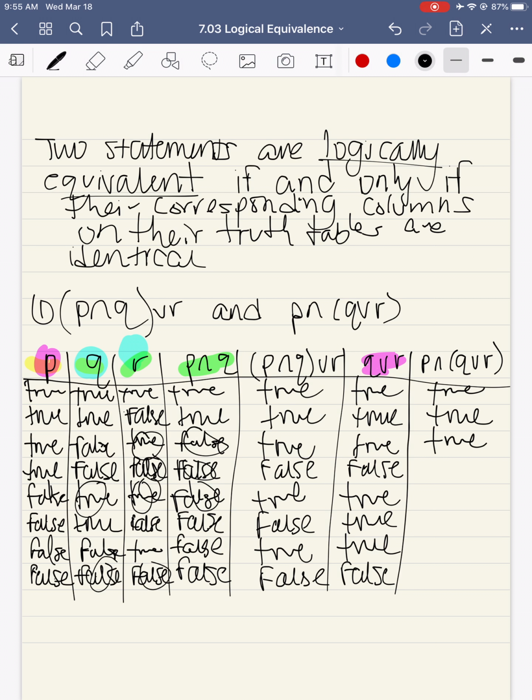True, false is false. False, true is false. False, true is false. False, true is false. And false, false is false.